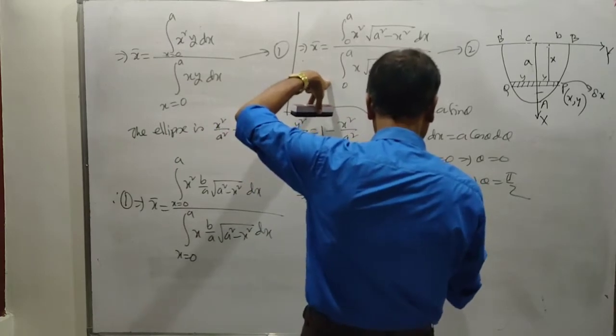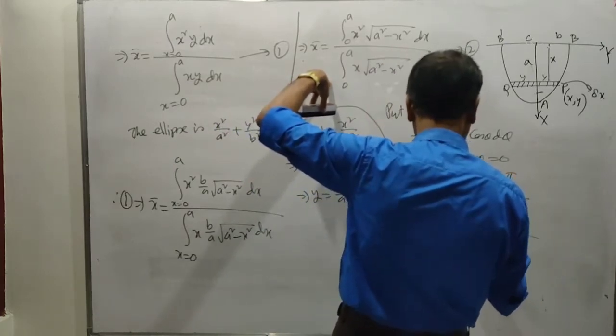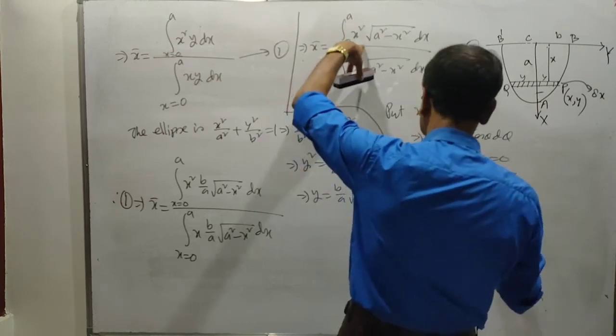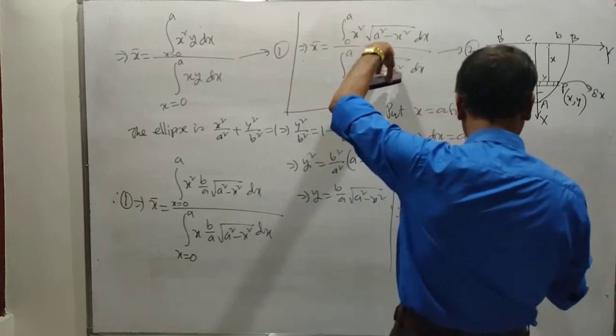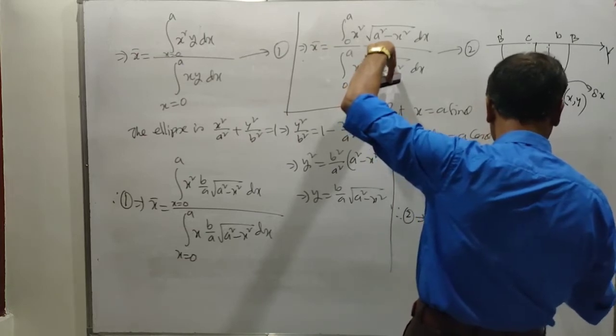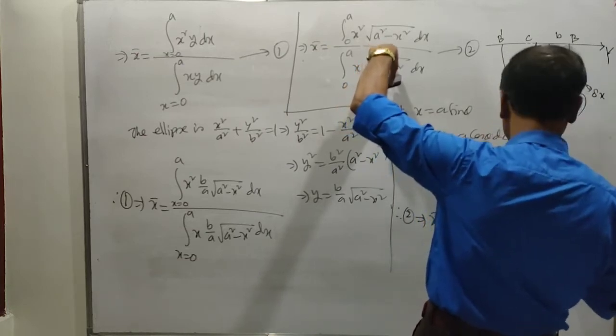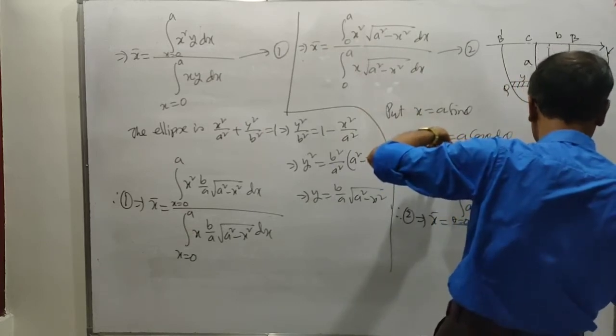Therefore, from 2 you will get x bar equal to integration theta equal to 0 to pi by 2, x square means a square sin square theta into root over a square minus a square sin square theta, and dx equal to a cos theta d theta.